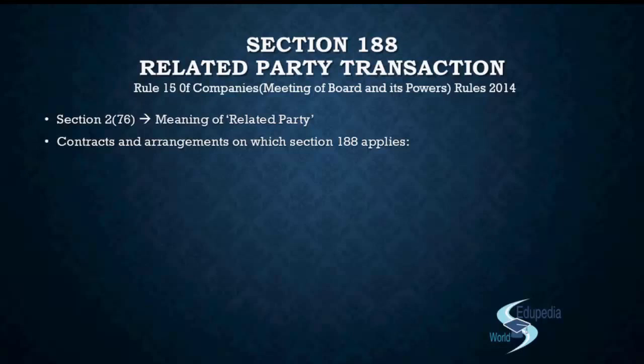Before we start discussing the contracts or arrangements, the transactions that we are actually going to cover in section 188, let us think about it for one moment. Basically, if there is a company, any kind of company, in most scenarios, what is the purpose of a company?